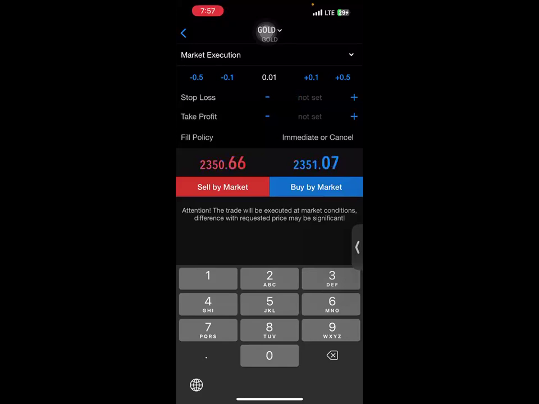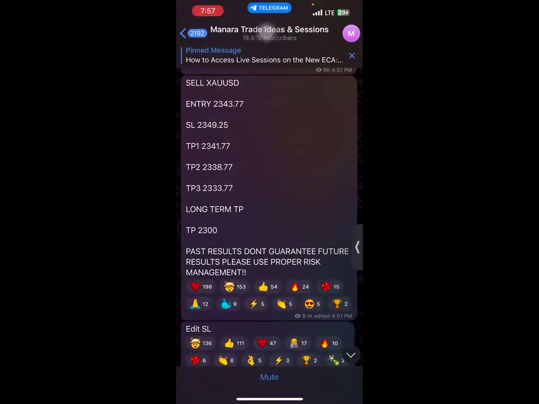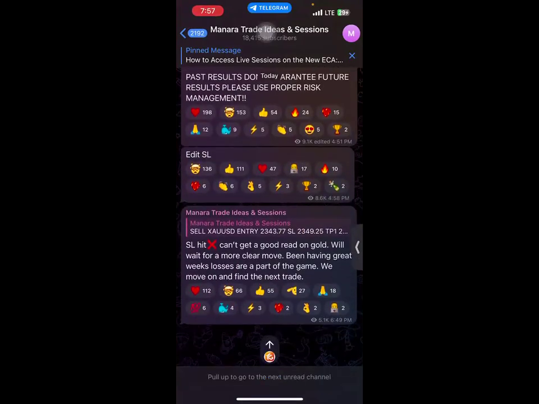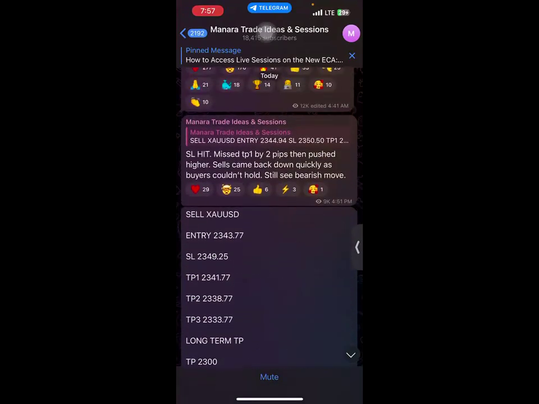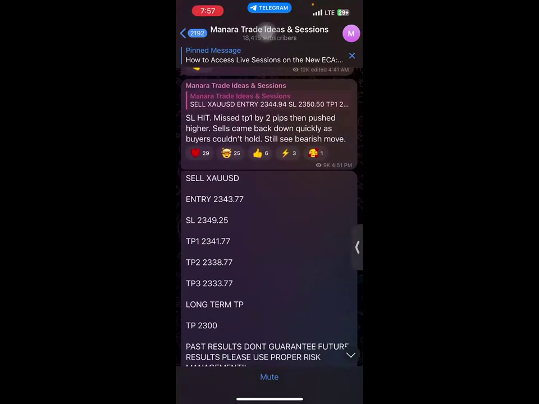So let's take, for example, our entry point for that particular trade. That trade already passed. Let's go back to the Telegram group, please. Let's see if we can scroll up. Okay, 2343.